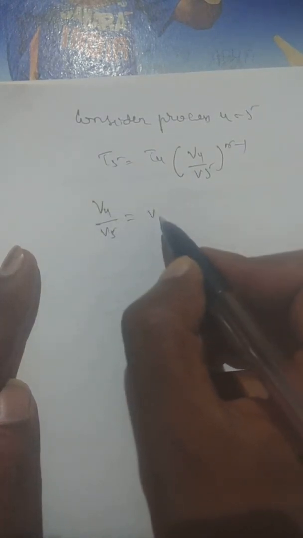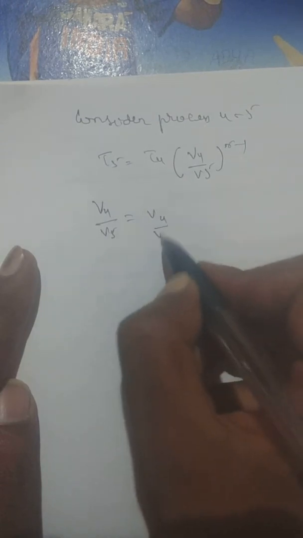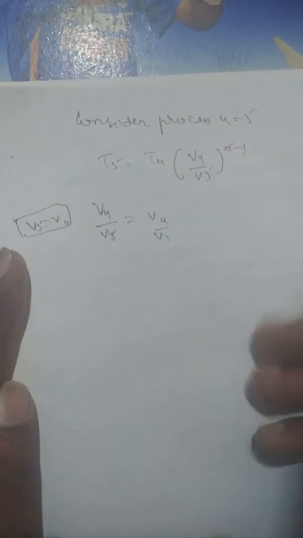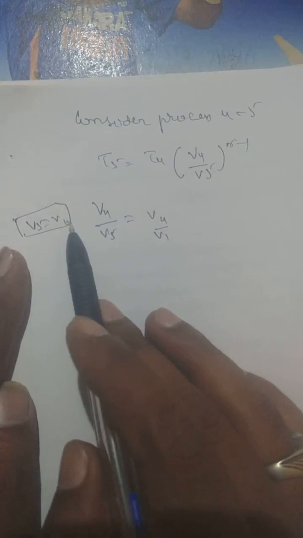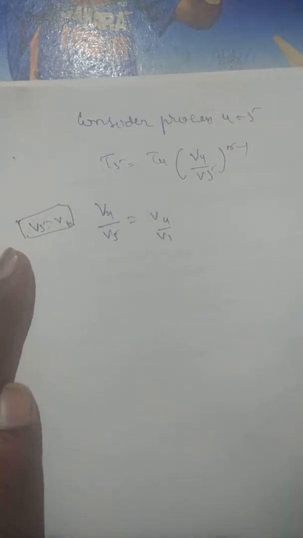So I will write it separately, calculating V4 by V5. I will take V4 by V1 because V5 is equal to V1. From the PV diagram you can observe that V5 is equal to V1 because that is a constant volume process.